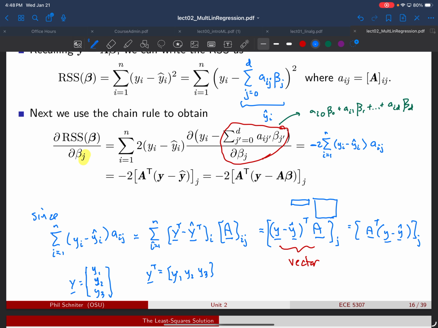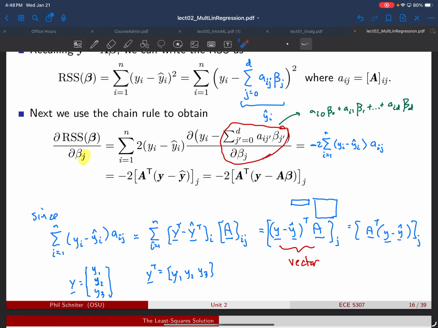And that is exactly how we get to this expression here. So those are the steps to go from here to here. Okay, so any questions on any of these procedures here?